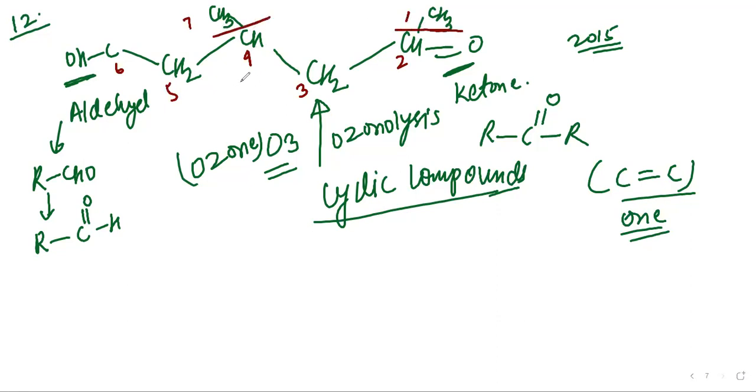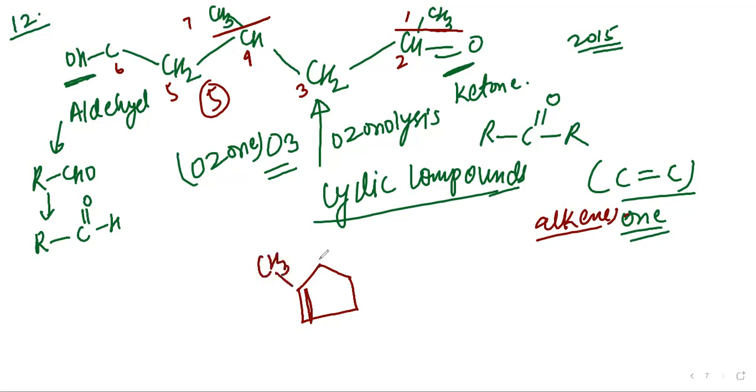So total 7, minus 2 for the branches, so 5 carbons will be in the cyclic compound. So you have to make a cyclic compound of 5 carbons like this. This is cyclopentene, and as I have told, one double bond is there, an alkene should be there. So I have written the double bond here, right? And the branching you can count here. So here CH3 is there and here.